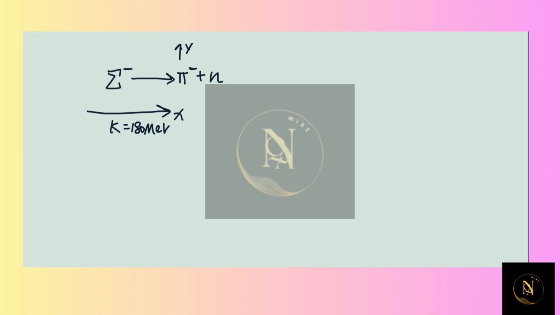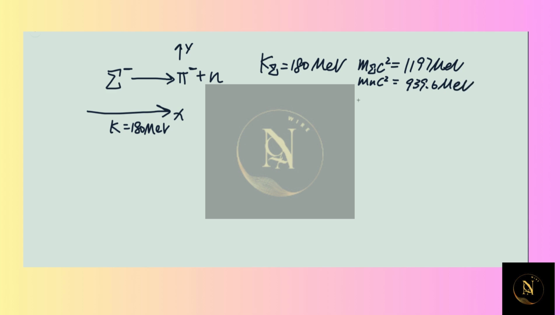In order to solve this question, we first want to write down all the energies we know. The kinetic energy of the sigma is 180 MeV. The rest mass equivalent energy is 1197 MeV for the sigma, 939.6 MeV for the neutron, and 139.6 MeV for the pion.